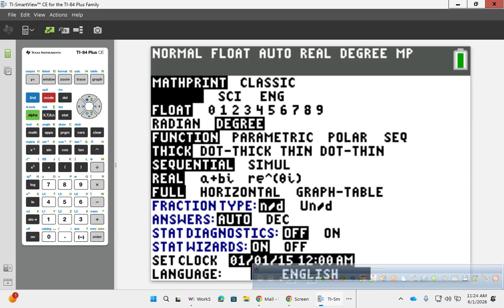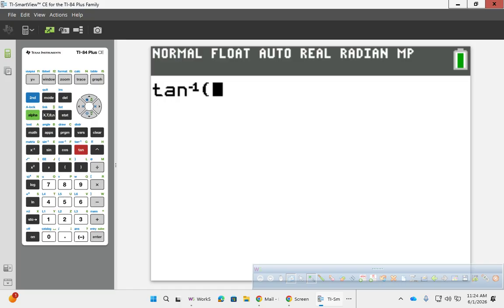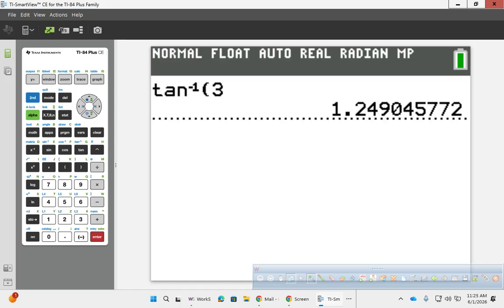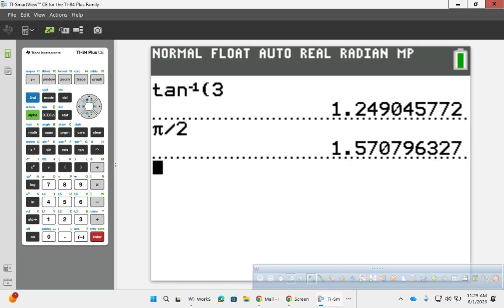So I'm switching my mode. So it's between 0 and 1.57 because now I'm in radians. So my reference angle is 1.25.